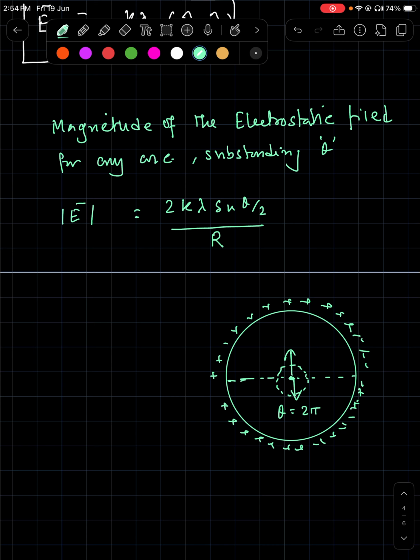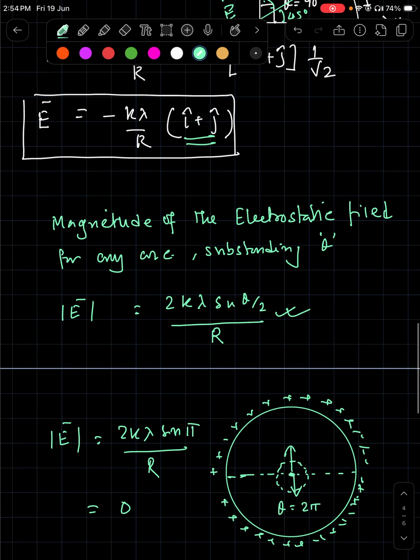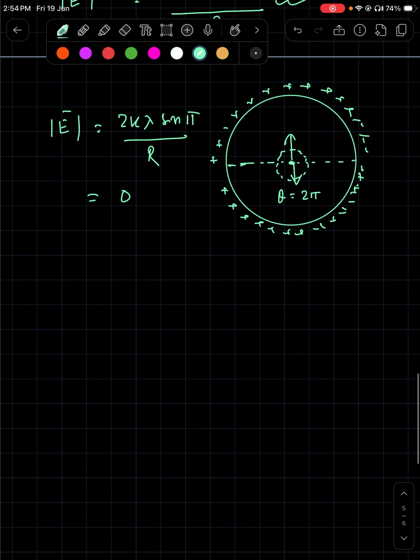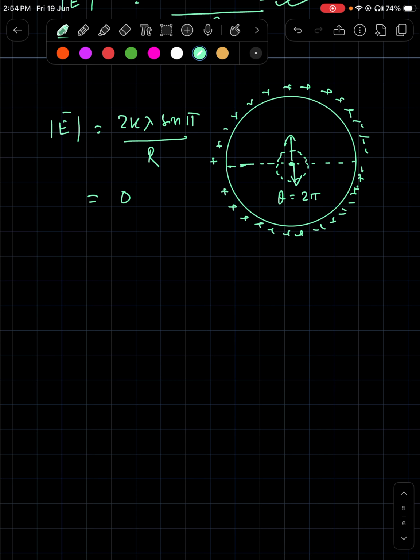It is pretty evident from this expression too. If I put theta equal to 2 pi, it becomes 2k lambda sine pi by r, and that is 0, because sine pi is 0. So the electric field at the center is 0. Now you can see the electric field for the semicircular arc, where the theta becomes pi.